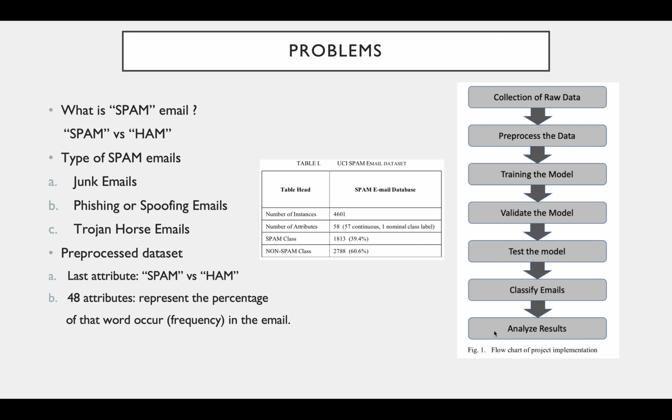First, the junk emails. These emails are like advertisement emails that just want us to buy products from their department stores, their stores. And second, the phishing or spoofing emails.